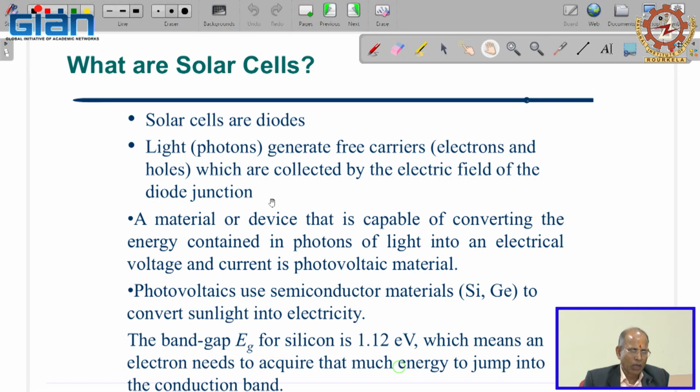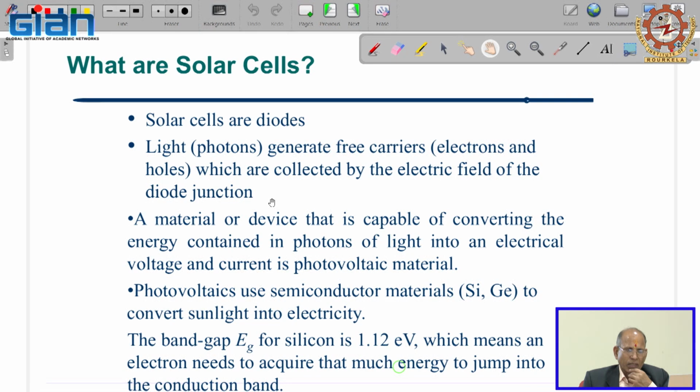From that simple knowledge, we know that this PV material comprises silicon or germanium, a semiconductor material. When these PV materials are placed in the sun, sunlight is converted into electricity.